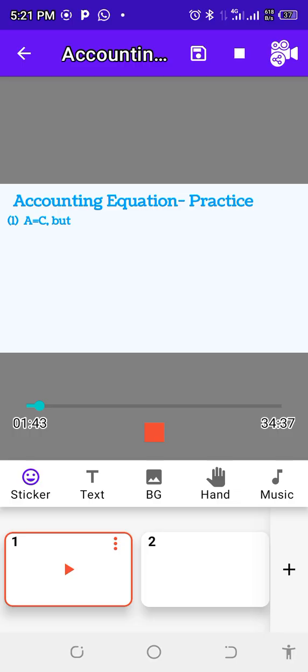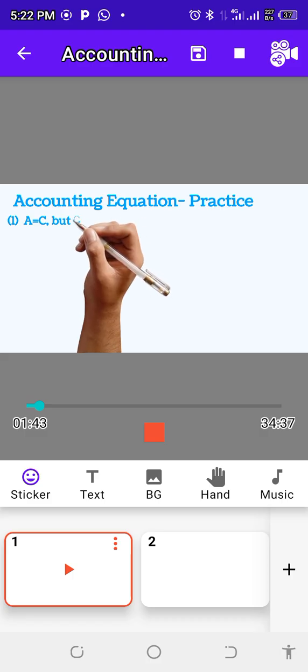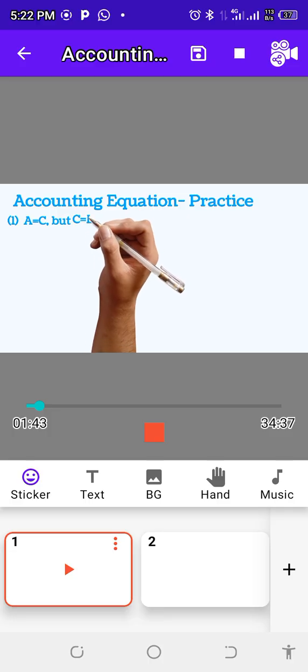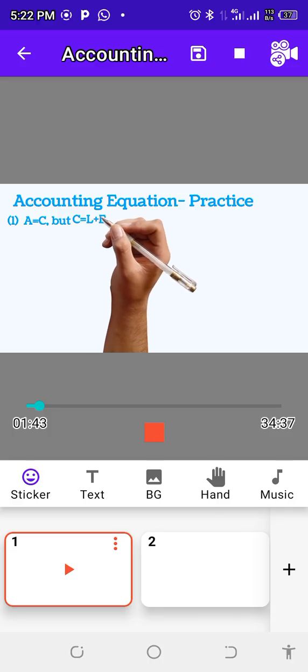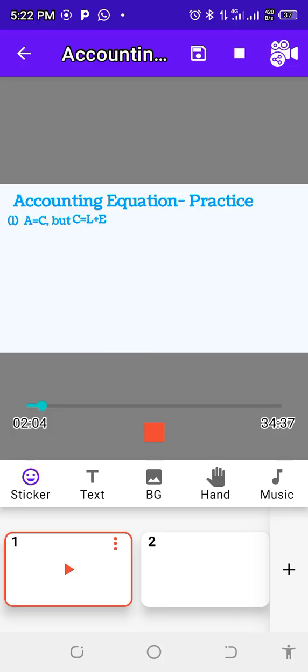That is why we say A is equal to C. But C is equal to L plus E, that is, capital is equal to liability plus equity. So the equation A is equal to C, or asset is equal to capital, is the first accounting equation.